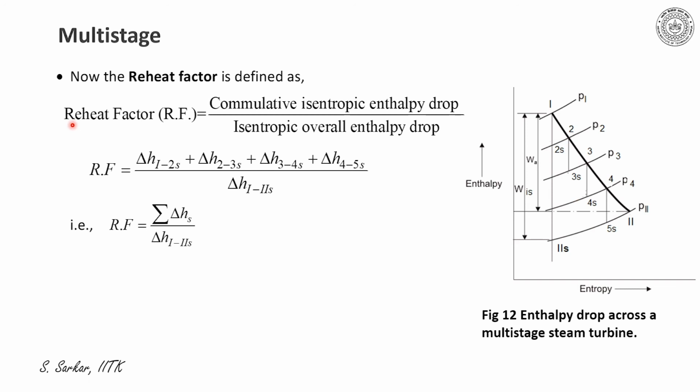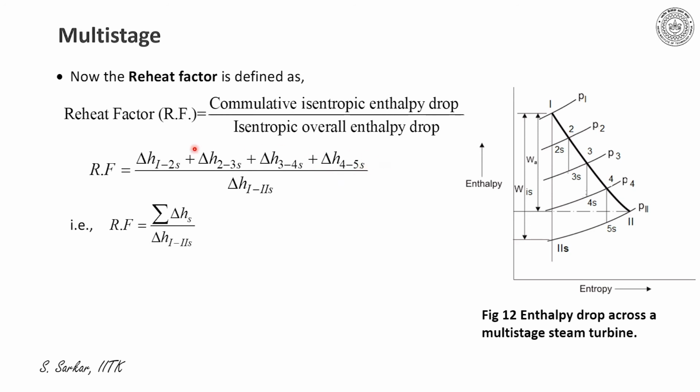Thereby, reheat factor is defined here as cumulative isentropic enthalpy drop divided by isentropic overall enthalpy drop. Hence, if I represent reheat factor by RF, then RF is equal to del H12S plus del H23S plus del H34S plus del H45S.